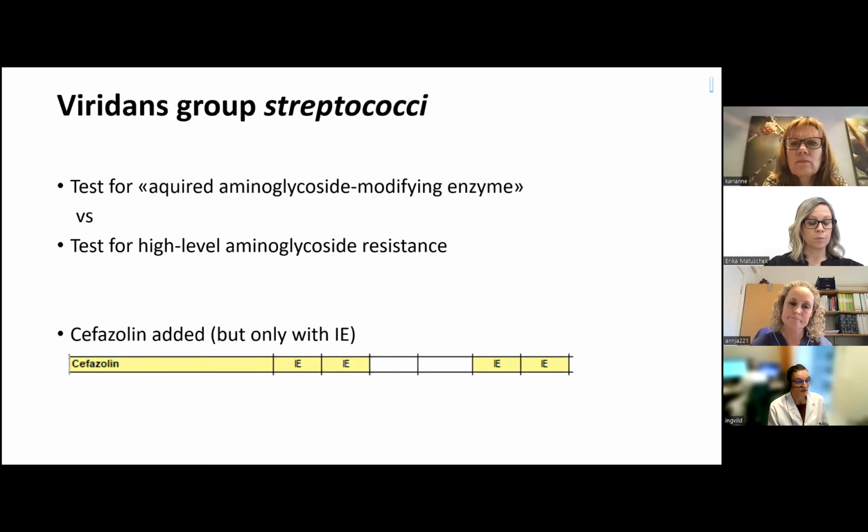And also EUCAST has added cefazolin to the breakpoint table, but they are there with insufficient evidence only. So the practical importance of this is not very big, but it does mean that you can't infer sensitivity to cefazolin from penicillin testing.